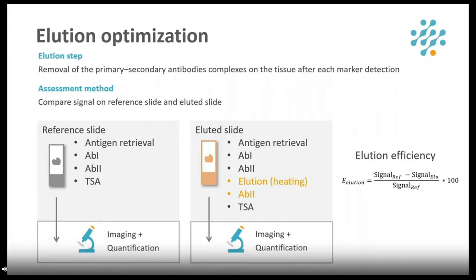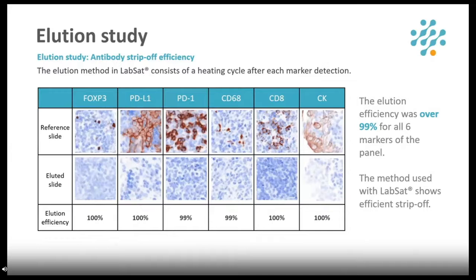If the elution is efficient, no signal should be observed on the eluted slide. The elution efficiency was defined as the signal removal rate. This elution efficiency was tested for all the markers in the panel, and the signal removal rate was over 99% for all 6 of them, which was considered a performant elution.